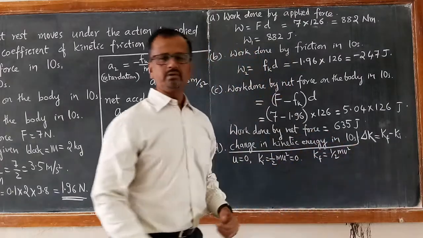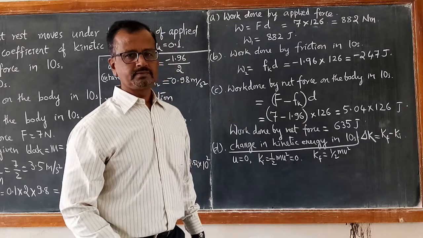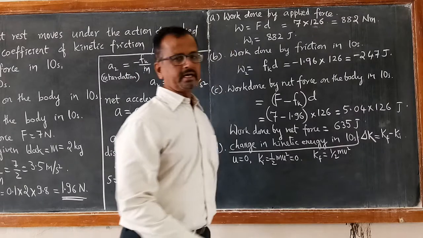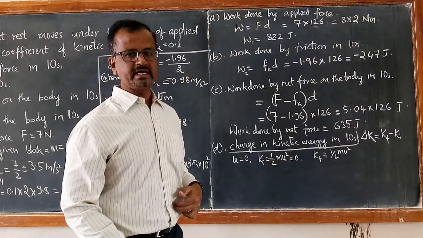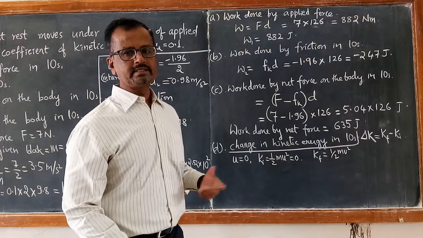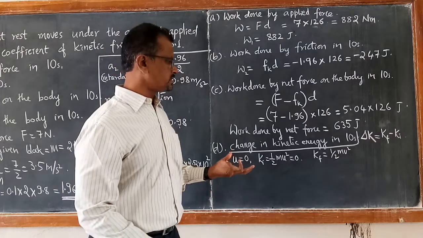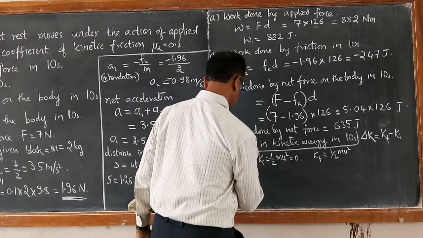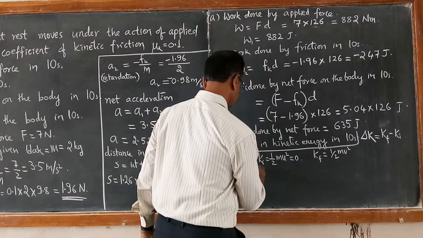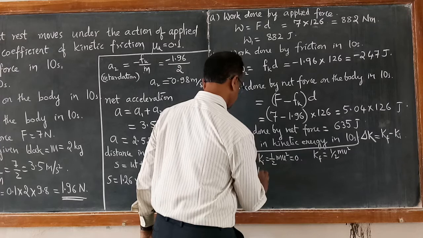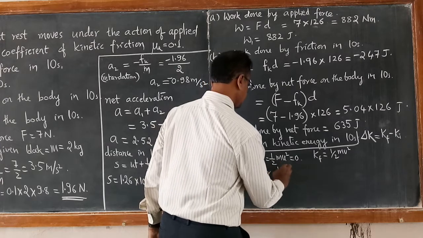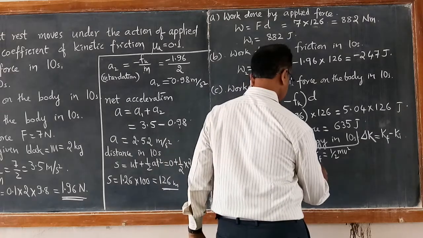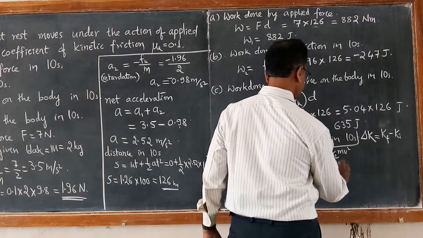What is the v value? We don't know. So use the first equation. What is the final velocity after 10 seconds? We know the acceleration. Using the acceleration we can calculate the velocity after 10 seconds. v equal to u plus at.